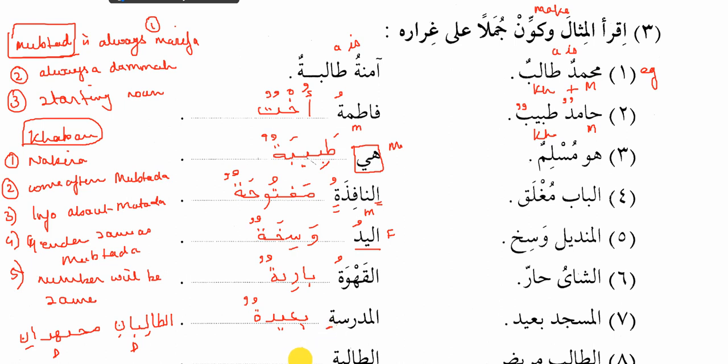Talibatun tawilatun. Sorry, tawilatun. We have to make it feminine because the student, female student, is tall. We have to make it feminine because this is feminine. So let's check.